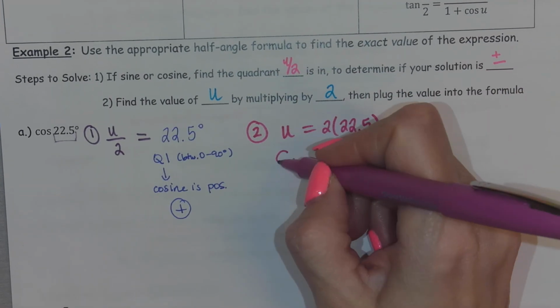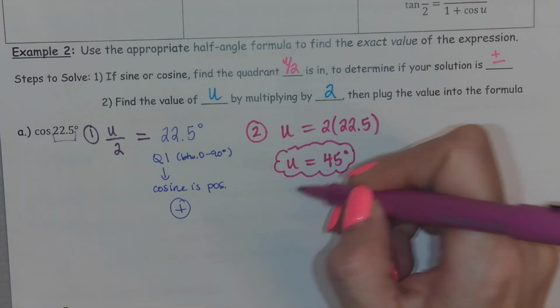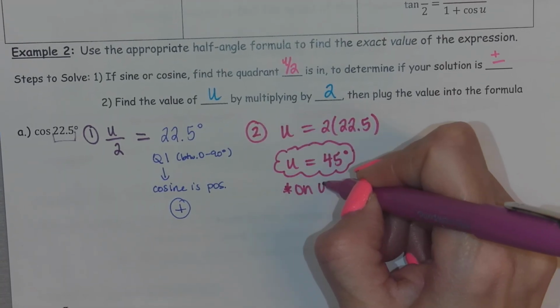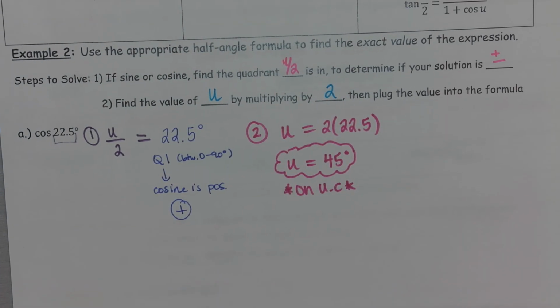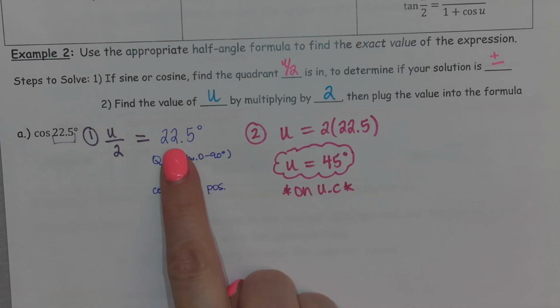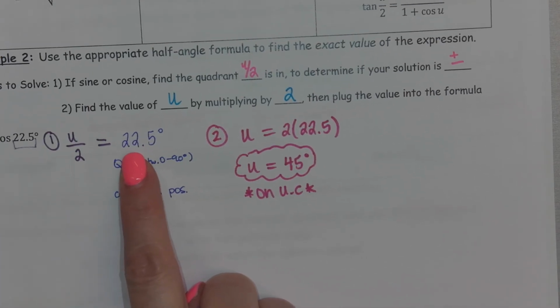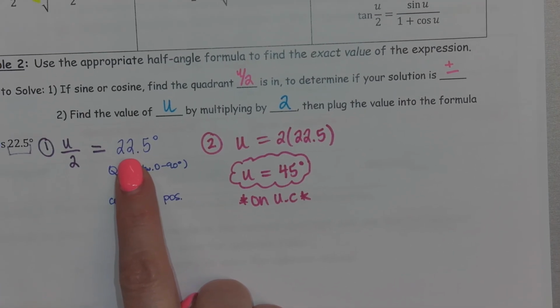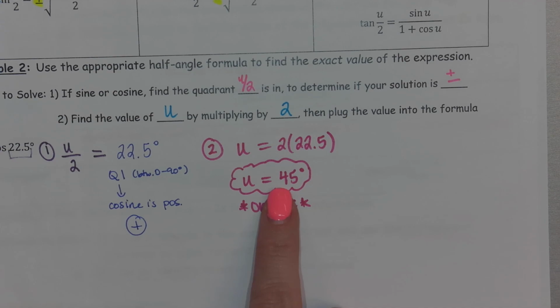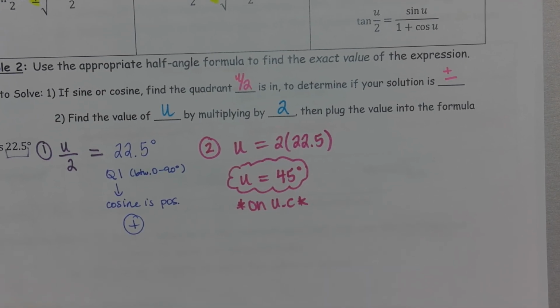Now this should be on the unit circle. If it's not on the unit circle, then you didn't do something right. Because sometimes people will just plug in the 22.5 and they'll be like, well, I don't know what that is. It's because you didn't double it. So anytime you double it, it should be something that is on the unit circle.